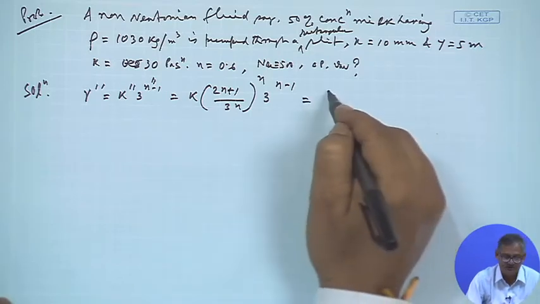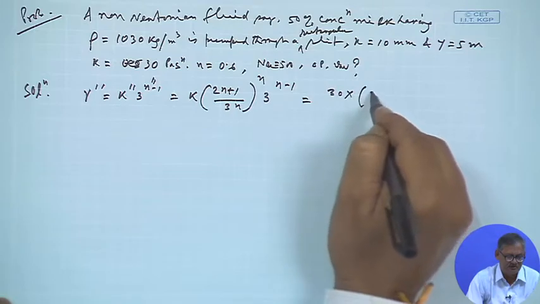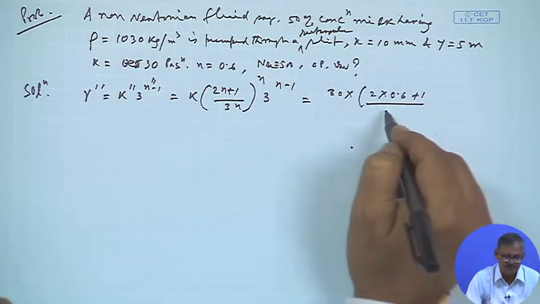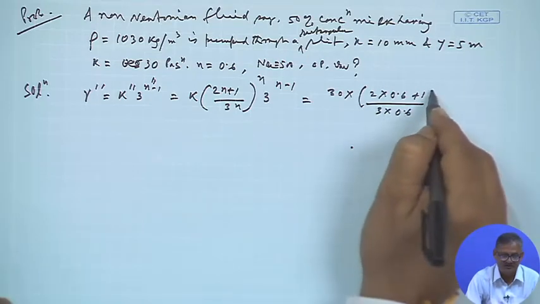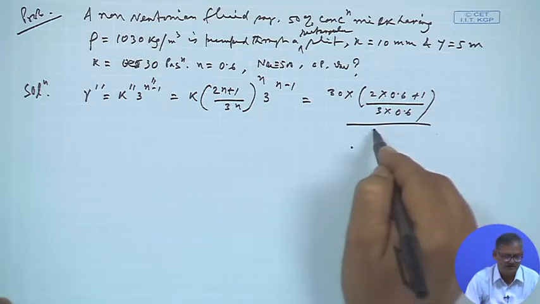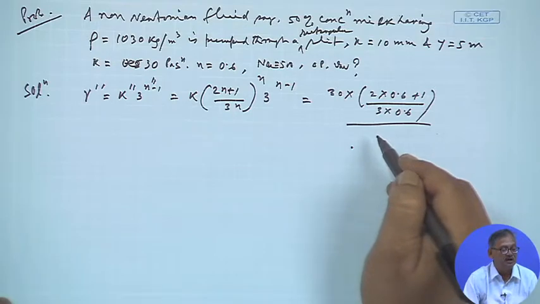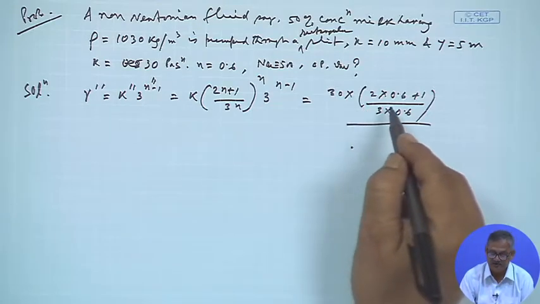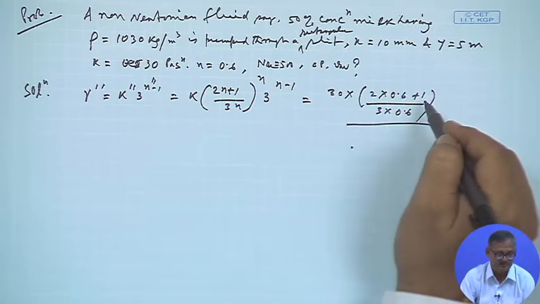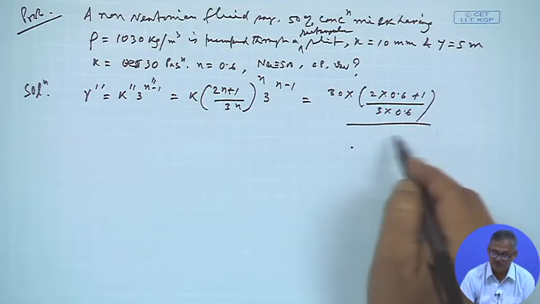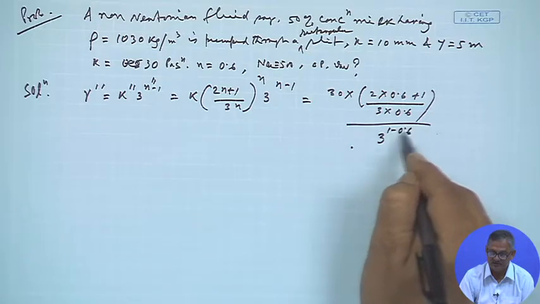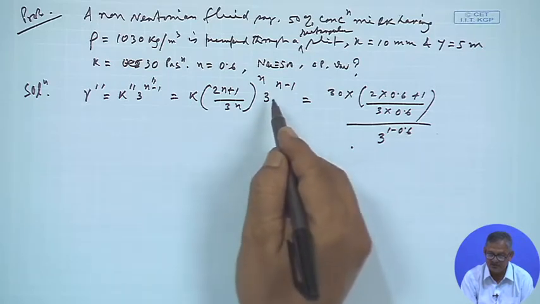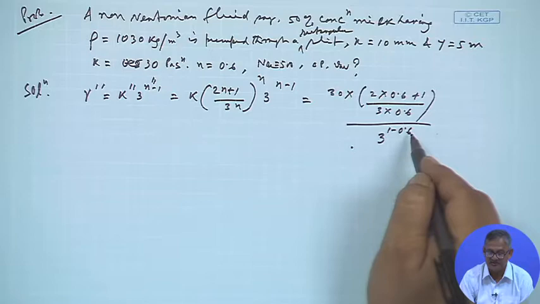So this is equal to 30 into (2 into 0.6 plus 1 divided by 3 into 0.6), divided by 3 to the power 1 minus n. k is 30, n is 0.6.